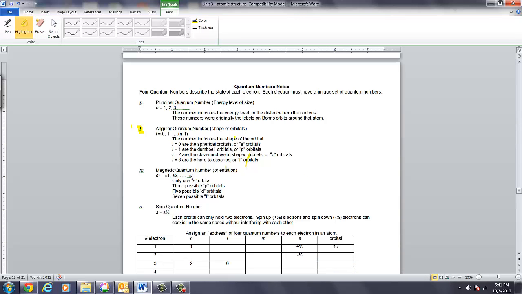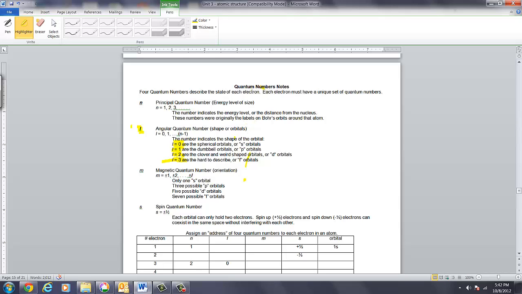If you have an s orbital, L is going to be 0. If you have a p, L is 1. If it's a d, L equals 2. If it's an f orbital, L equals 3.